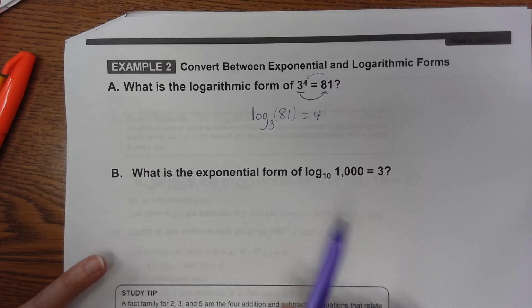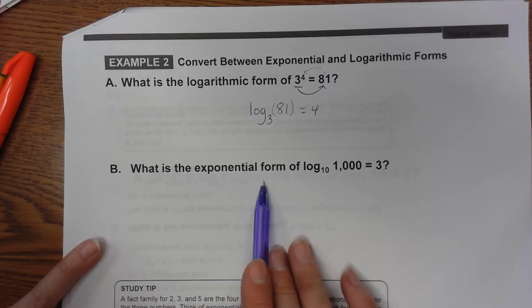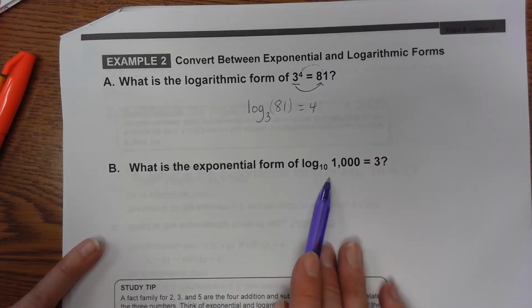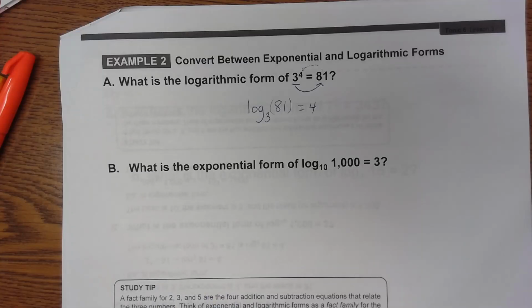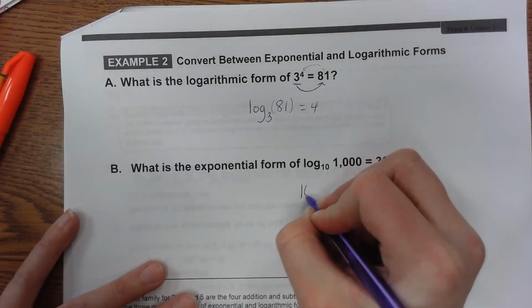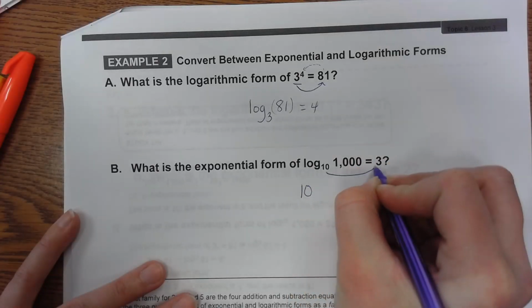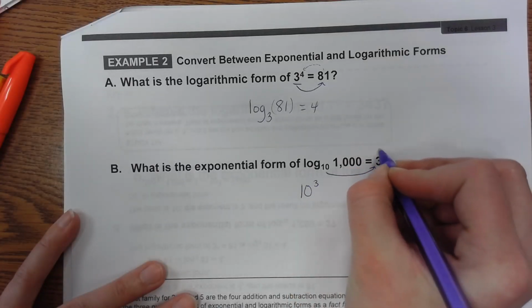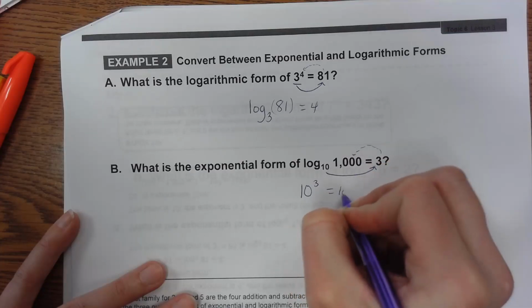Okay, I want you to go ahead and write in exponential form what log base 10 of 1,000 equals 3 would give you. Okay, and you should have gotten 10 raised to the third, because that's my exponent, equals my 1,000.